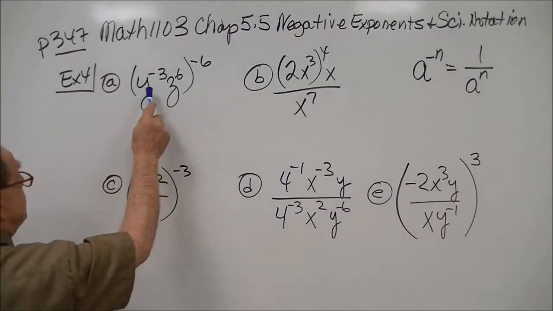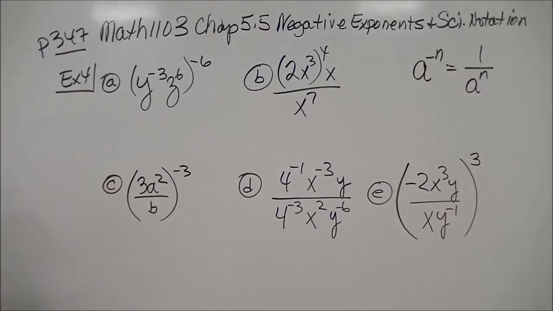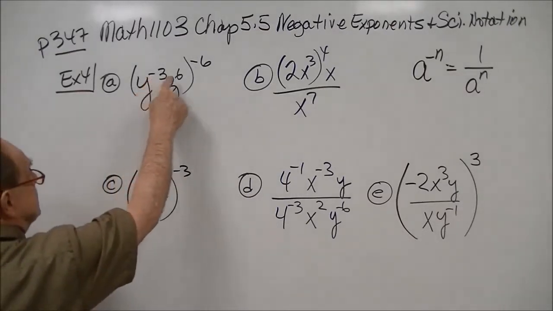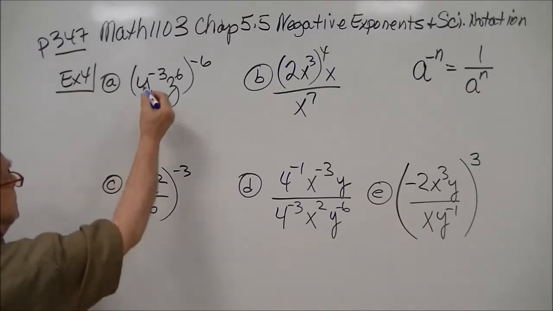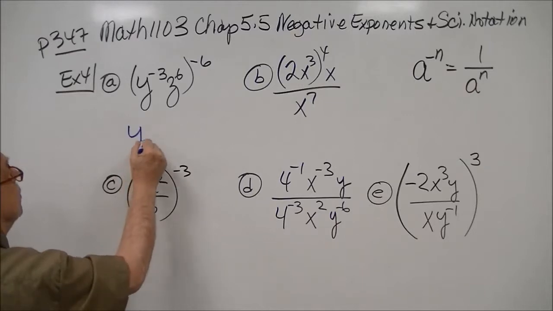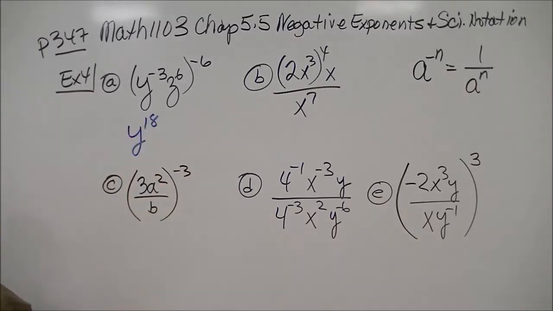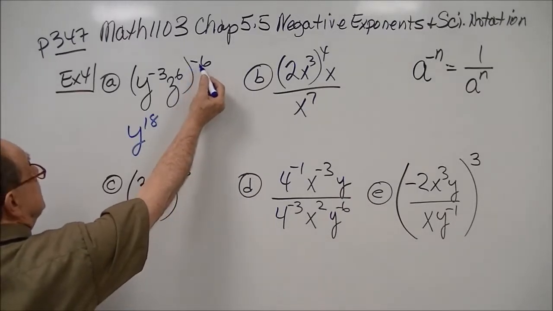Now, when we're raising a power to a power, we multiply, and interestingly, the signs of what we're going to multiply apply. So this is a -3 times a -6. This will be y to the 18th. Now this is going to be z to the 6 times the -6.